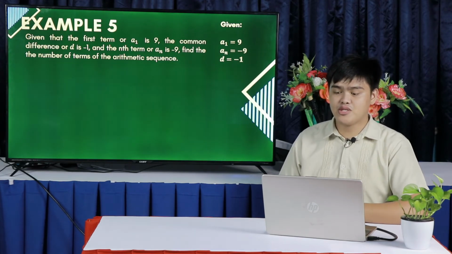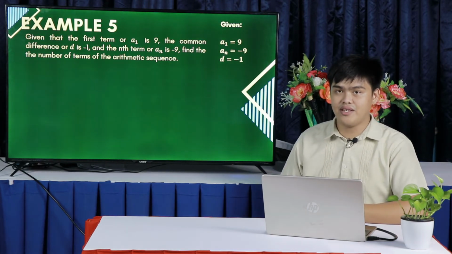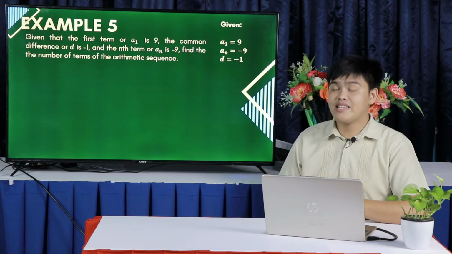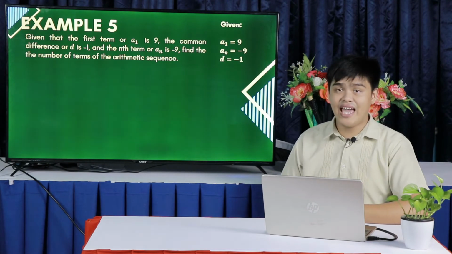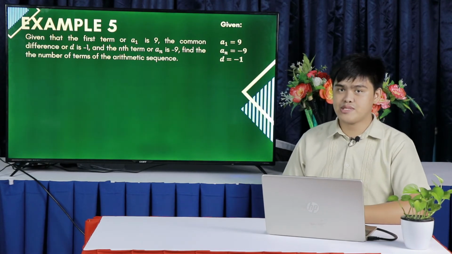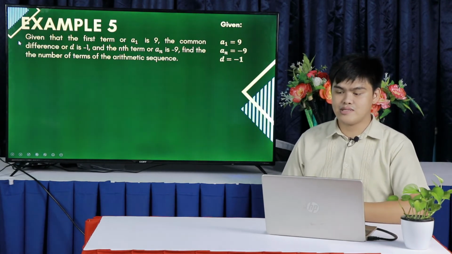Given that the first term, or a sub 1, is 9, the common difference, or d, is negative 1, and the nth term, or a sub n, is negative 9, let us find the value of n, or the number of terms, of the arithmetic sequence.